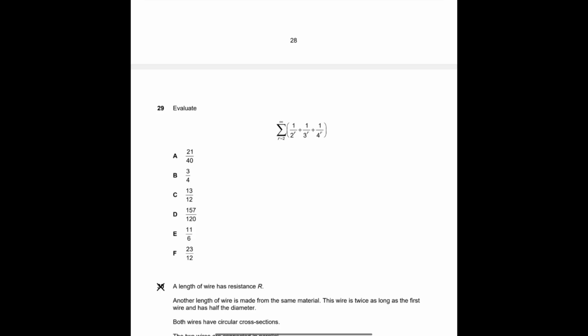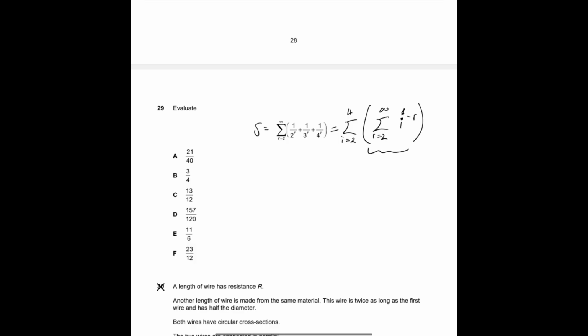Okay, let's call this S. So what we've got is that we can write it like this. From i equals 2 to 4, we're summing up these 3 of these, i to the minus r.